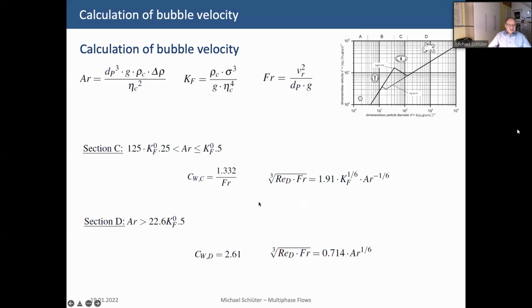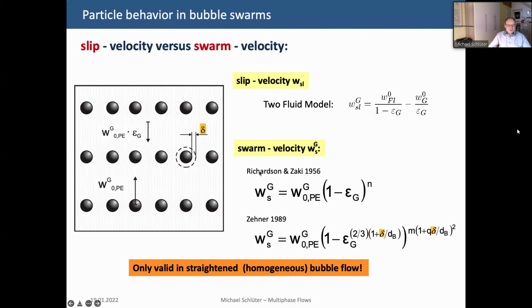And this is taken into account, for example, here with this correlation of Richardson and Zaki. Here you can see this is a single particle velocity, times (1 minus epsilon) to the power of n. And this means that the higher the gas hold up, the lower is the swarm velocity due to this countercurrent flow.